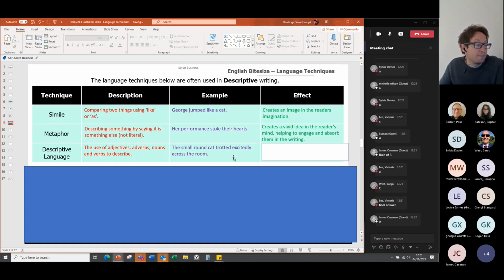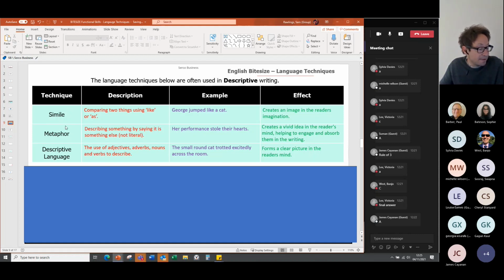So an example might be this. The small round cat trotted excitedly across the room. So we've got an adjective, we've got an adjective, we've got a descriptive verb, and we've got an adverb just there. But like I say, do a bit more research if you're not quite sure what these terms mean. And the effect, it forms a clear picture in the reader's mind.